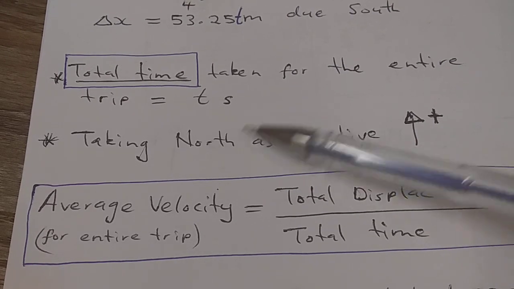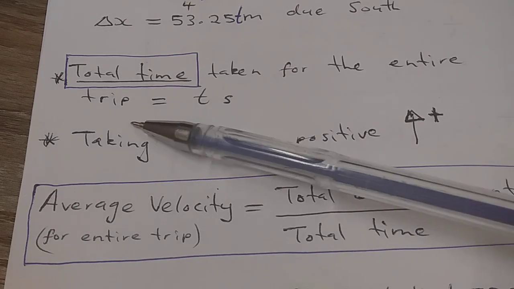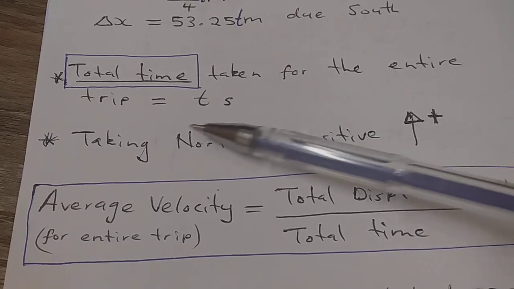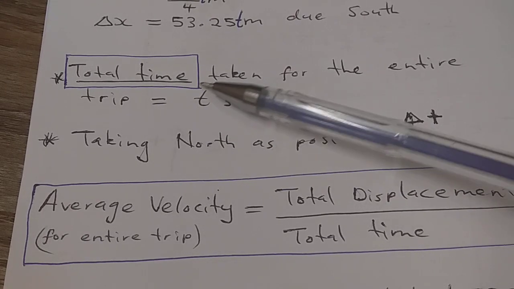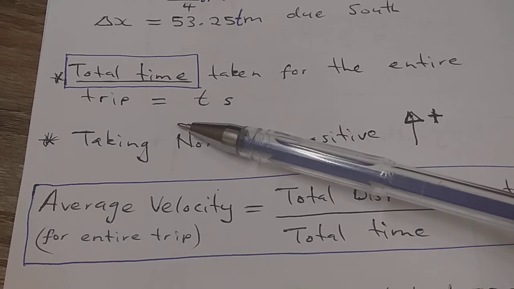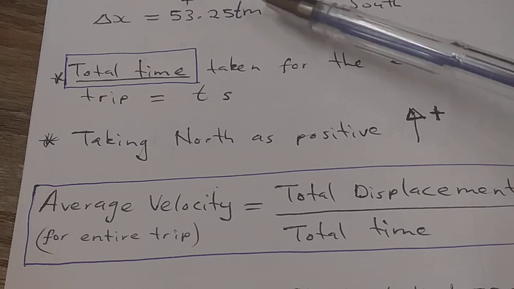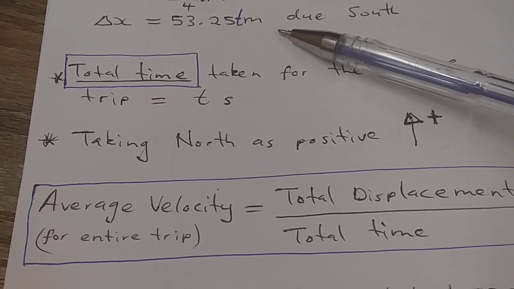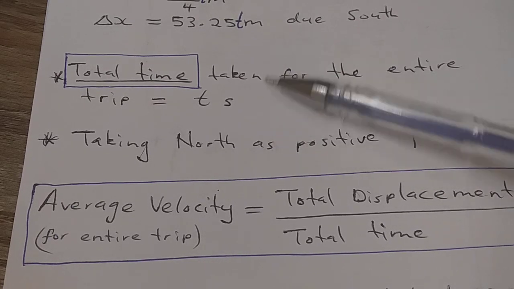And we know the total time for the entire trip is t, since we were referring to 1/4 of t moving to the north and 3/4 of t moving to the south.